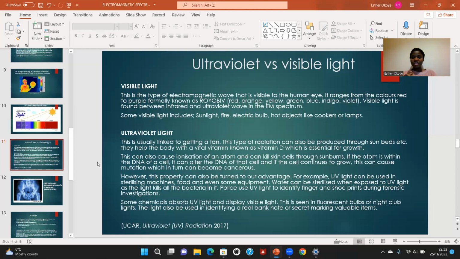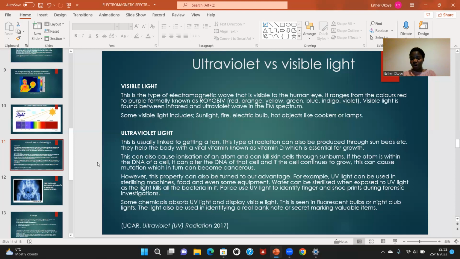To the cell, the UV light has an ionizing agent in it, which can pierce through the skin and go into the cell. And when it hits the DNA, it can cause the DNA to mutate or to start misbehaving, and from that it can lead to cancer. It can become cancerous.